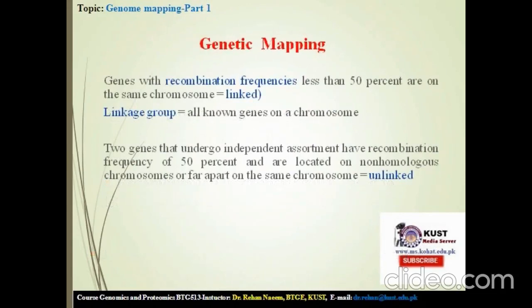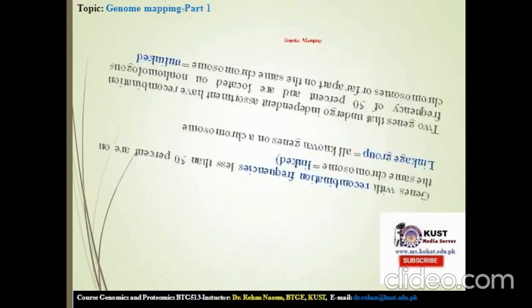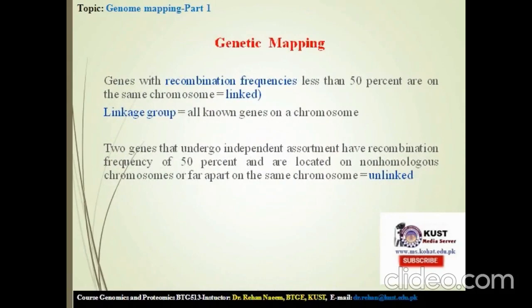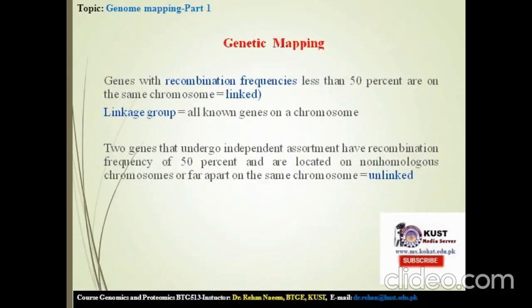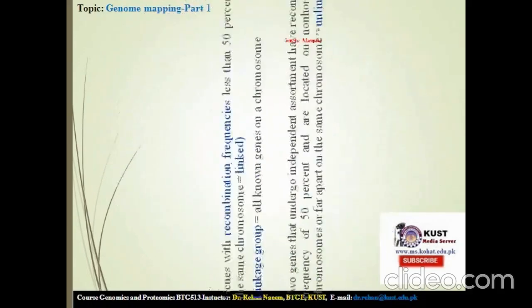If the relative distance between the genes is 50 centimorgan units or less than 50 centimorgan units, they are normally considered as linked genes. While those genes which have a relative distance of more than 50 centimorgan units are considered as unlinked genes. They are normally located on non-homologous chromosomes, and they follow the law of independent assortment.